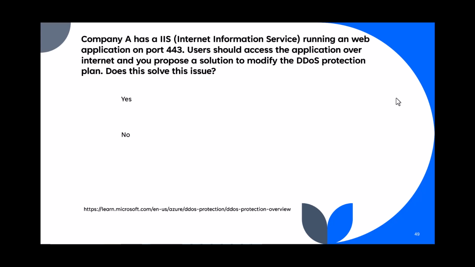Basically the malicious cyber hackers try to get into the firewall appliances, routers, etc. If you modify that, will it allow users to access the application over the internet? No, this is just port 443. You just need to open the port in the NSG. If it's a virtual machine, you have to use the network security group to allow all the users to connect to it, or use a firewall. The firewall will be blocking it, so you need to open it. So this is not the answer. The answer to this question is no.